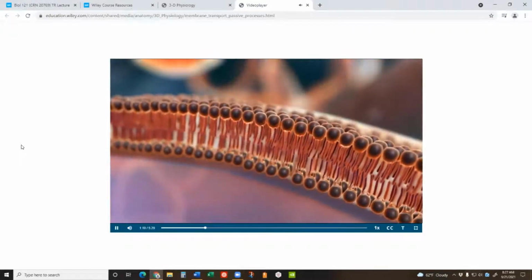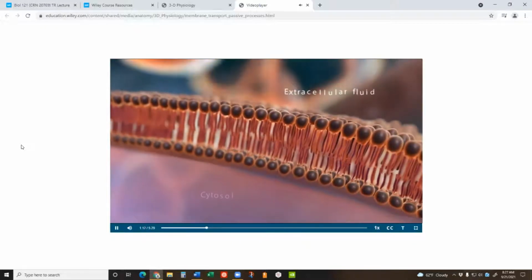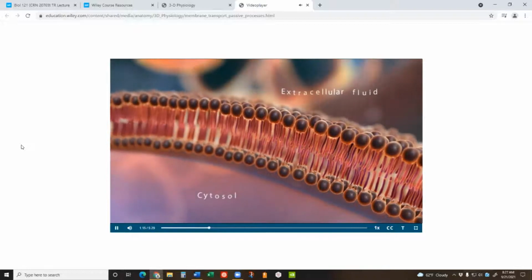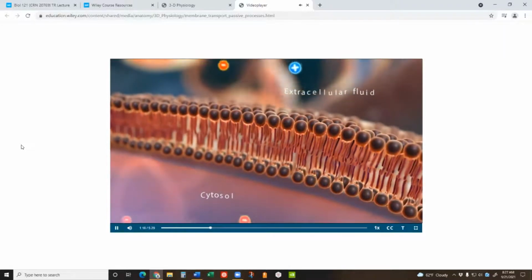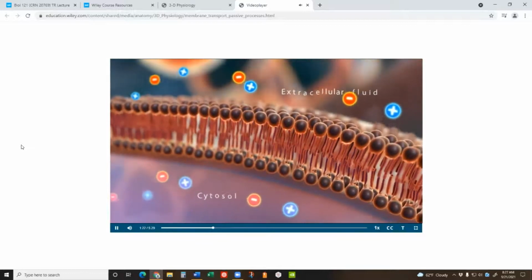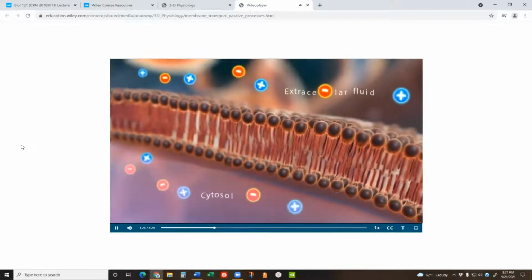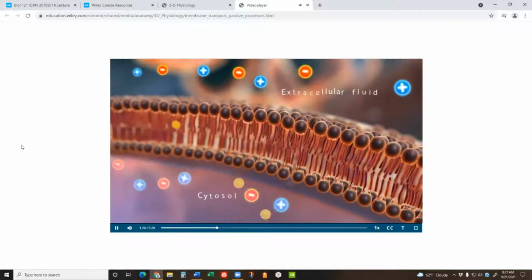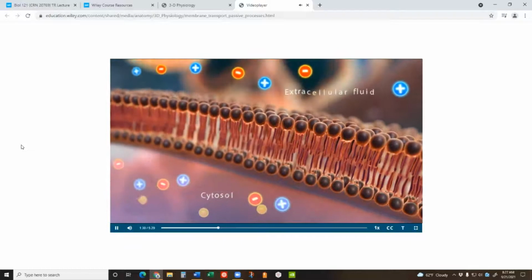The polar heads face the extracellular fluid, or the cytosol. Their nonpolar lipid tails face each other. This arrangement prohibits electrically charged, or polar, molecules from passing through the lipid bilayer of the plasma membrane. Small, uncharged, and nonpolar substances can pass through freely.